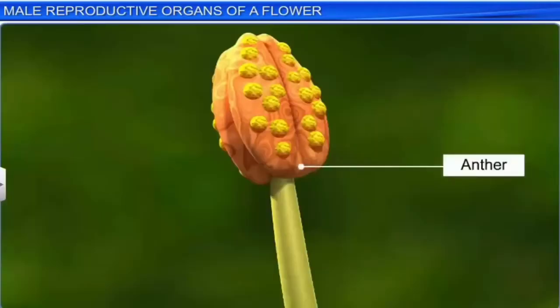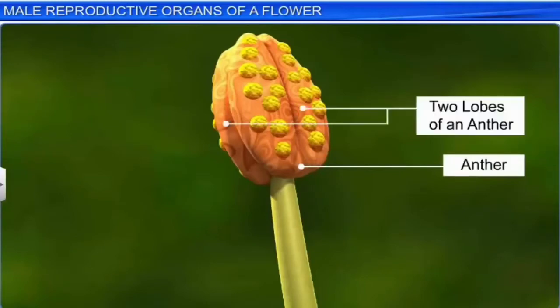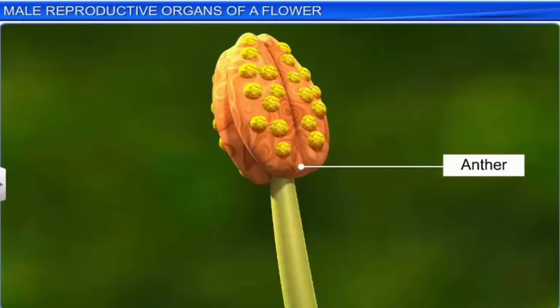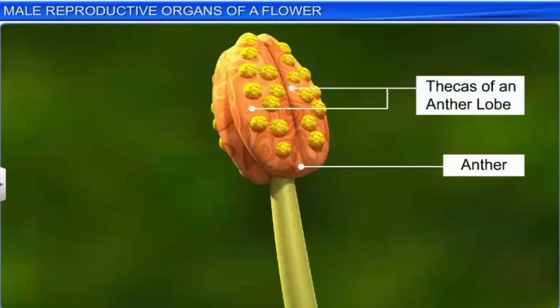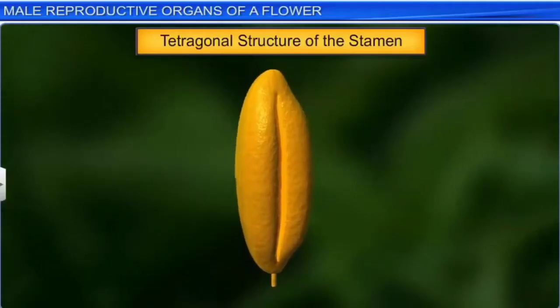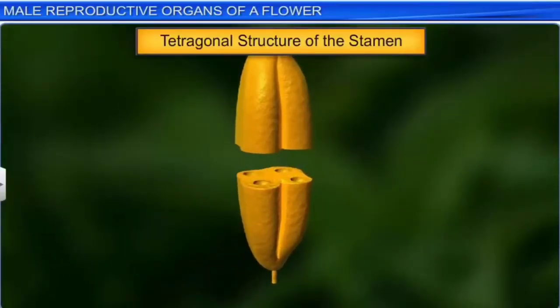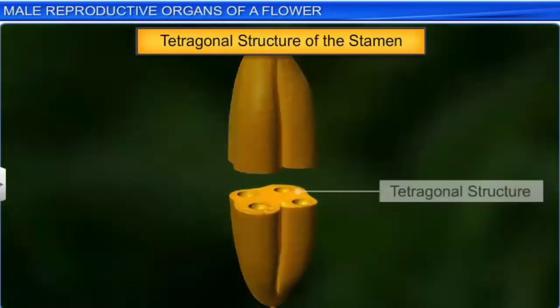The anther, on the other hand, is bilobed in nature, with each lobe being dithecous or consisting of two thecas that are separated by a longitudinal groove that runs through the anther. The transverse section of the anther reveals that its lobes form a four-sided or a tetragonal structure.